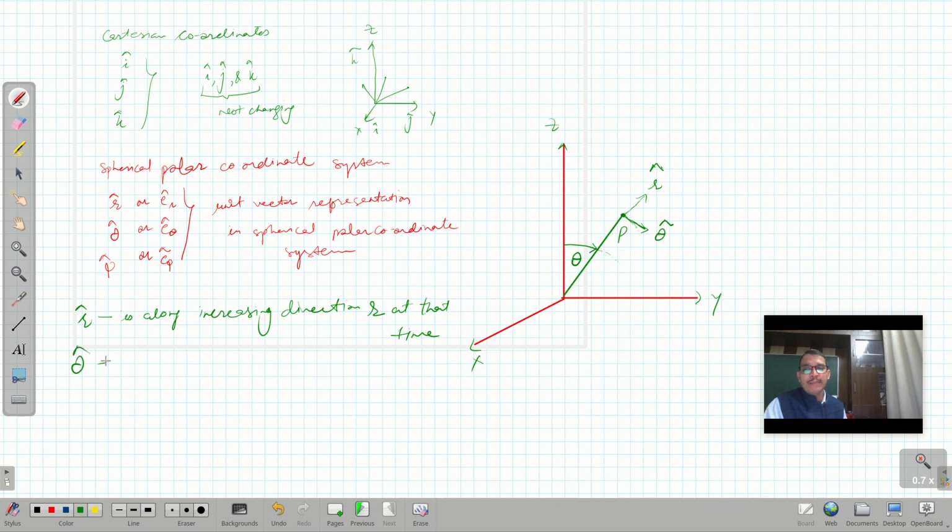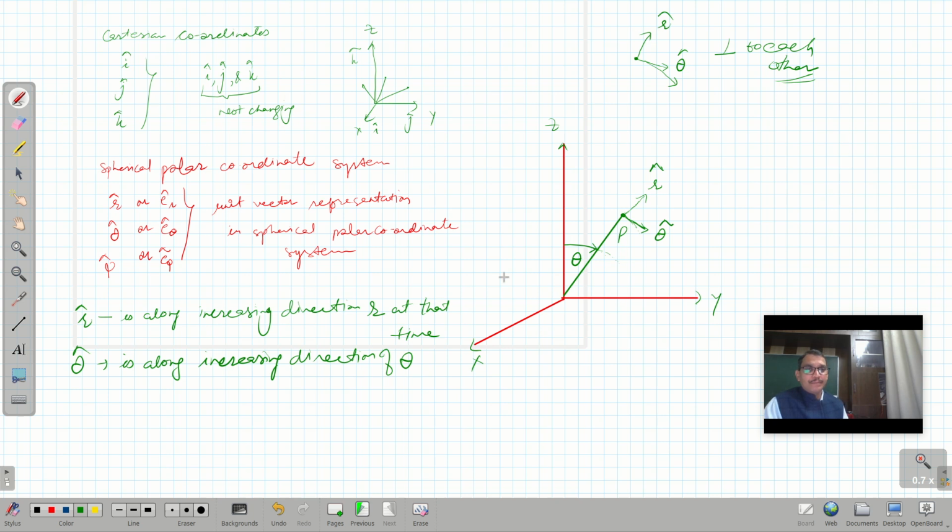So theta cap is along the increasing direction of theta, and theta is increasing like a curve. So if I draw a tangent to it, r cap and theta cap are perpendicular to each other. This is one way to look at it, pictorially.